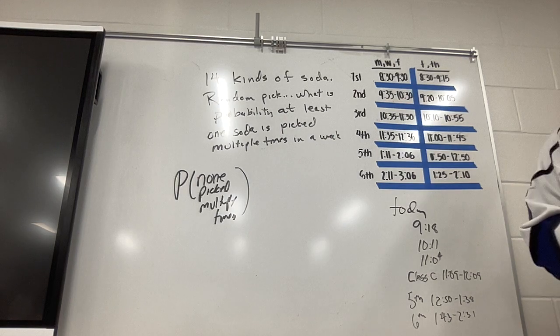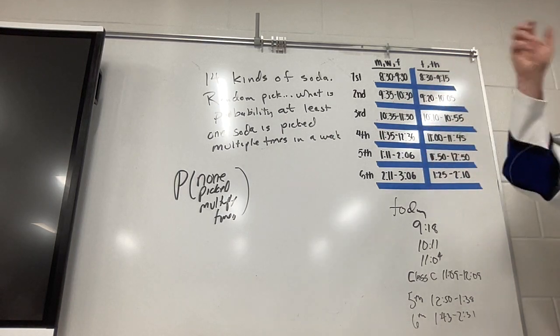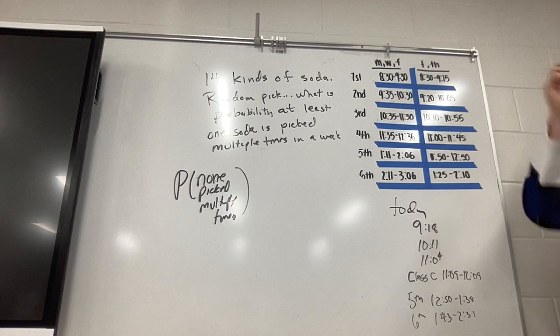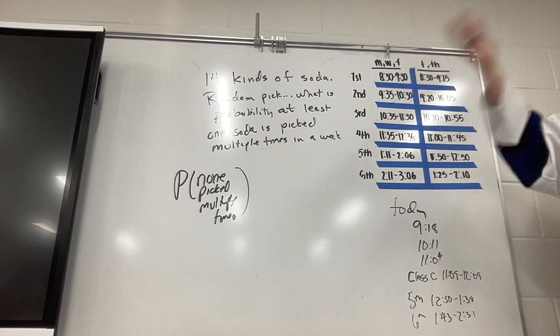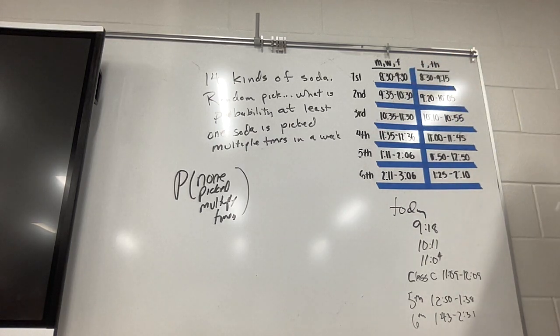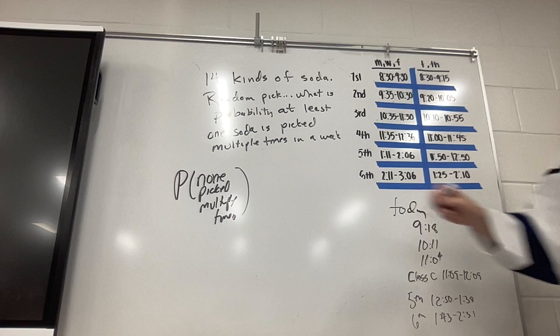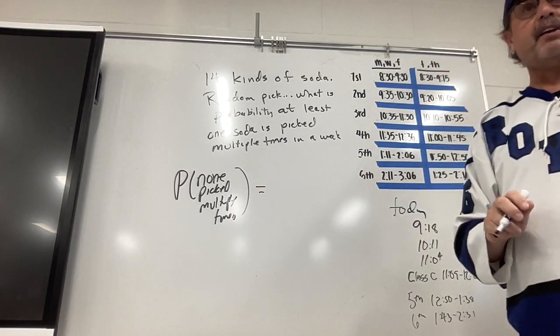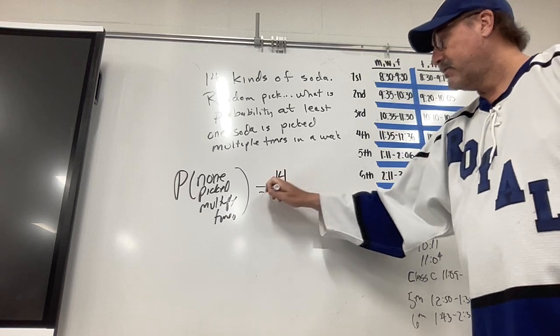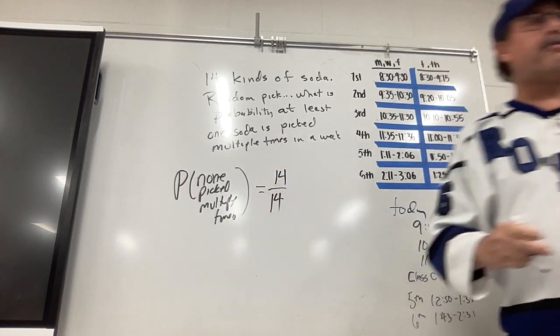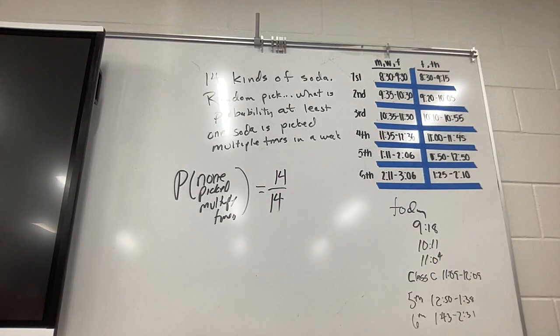The first day of the week, you randomly pick a soda. What is the probability that you are picking one that's already been picked? It's not going to happen. The probability that it's not been picked before is 100%, right? Out of the 14 sodas, all 14 of them have not been picked before.